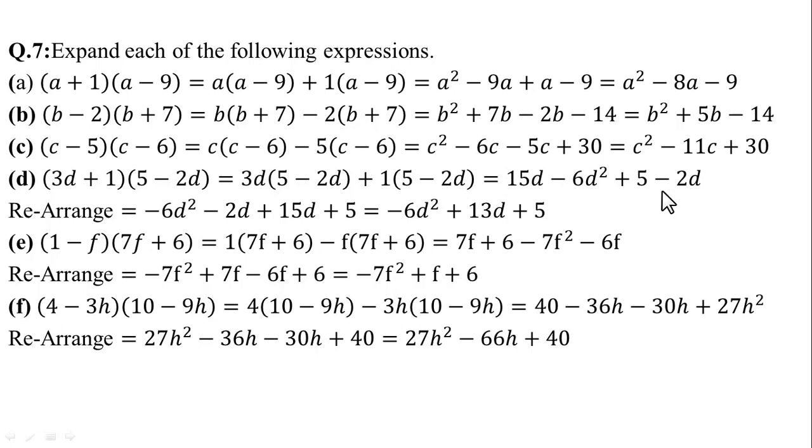So the answer after rearranging is −6d square − 2d + 13d + 5. That is, −6d square + 15d − 2d, which is equal to −6d square + 13d + 5.